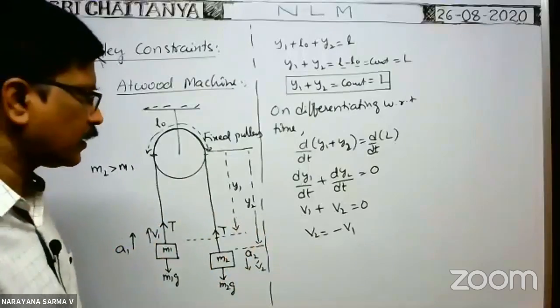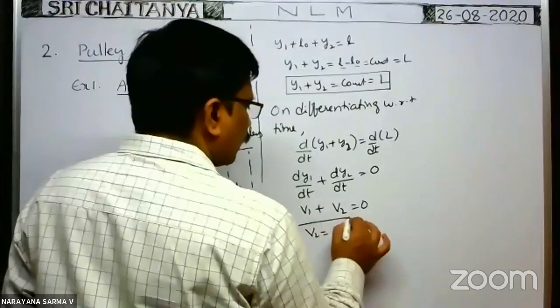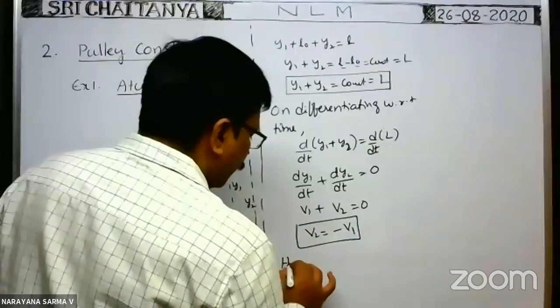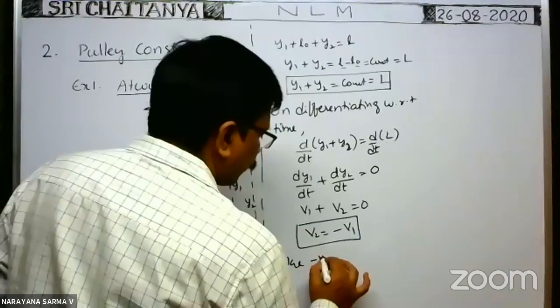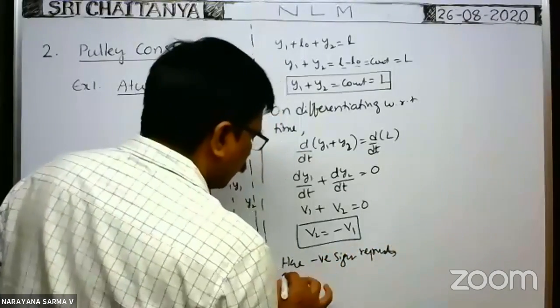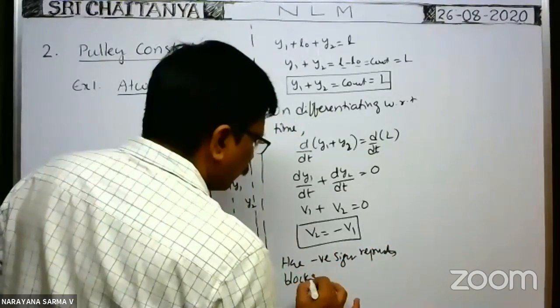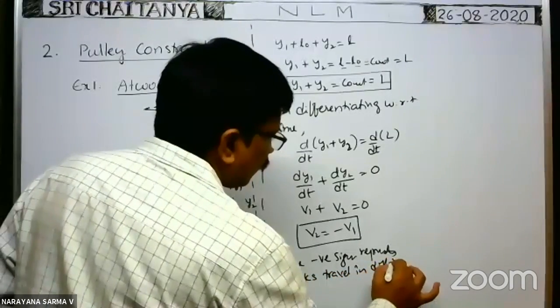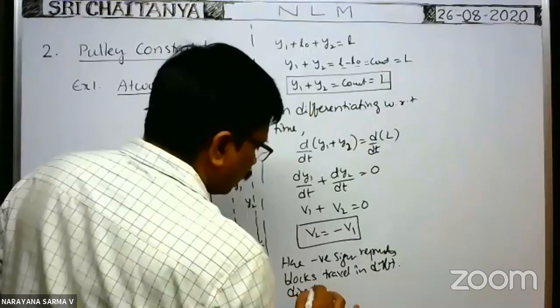They are in different directions here. So this is the one constraint relation between the velocities. Here the minus sign represents that the blocks travel in different directions.